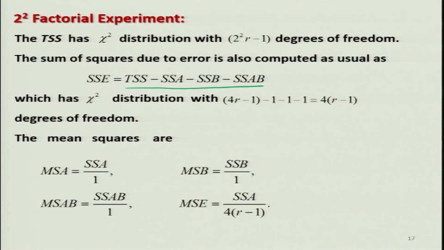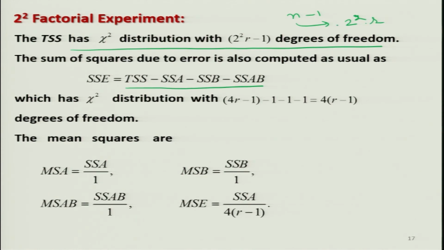And what about their degrees of freedom? The TSS has a chi-square distribution with degrees of freedom 2 square into r minus 1. Do you remember earlier it was n minus 1, and now there are 4 observations, so this becomes 2 square, and then you repeat it r times.